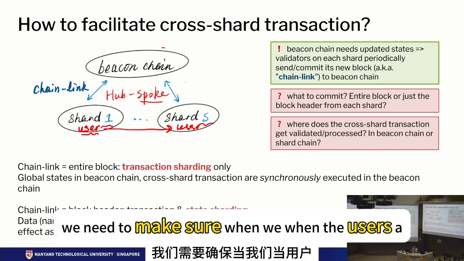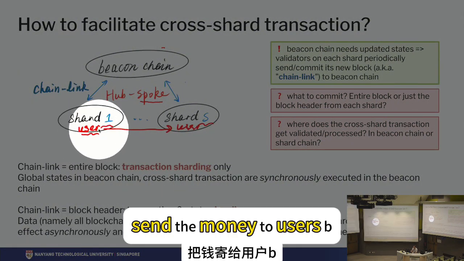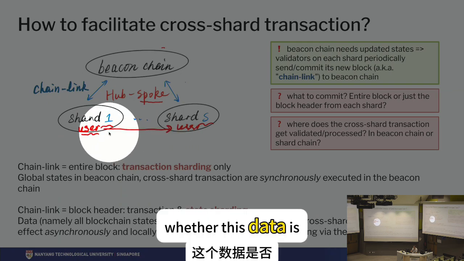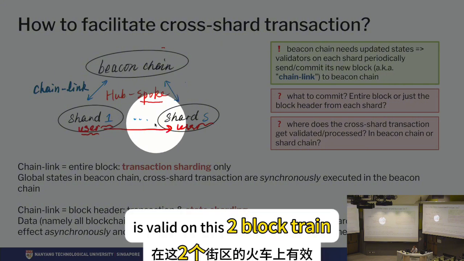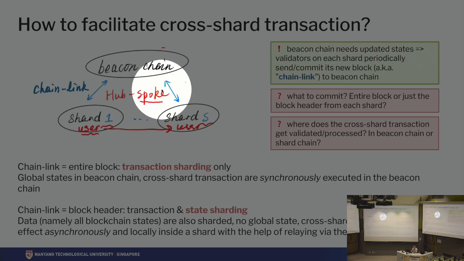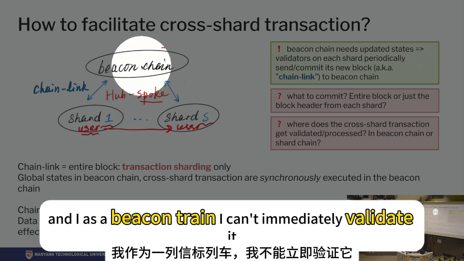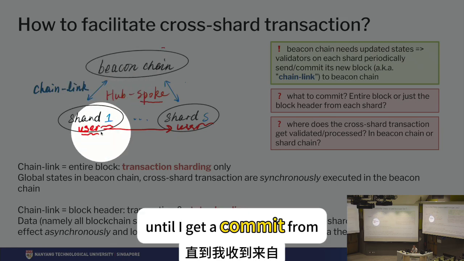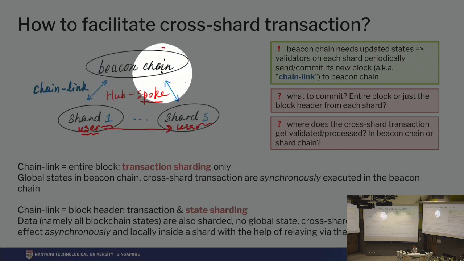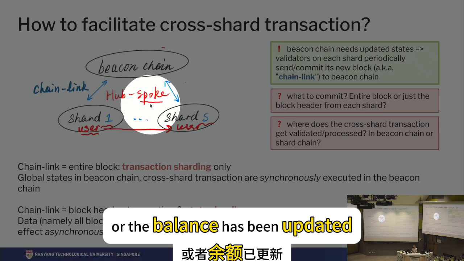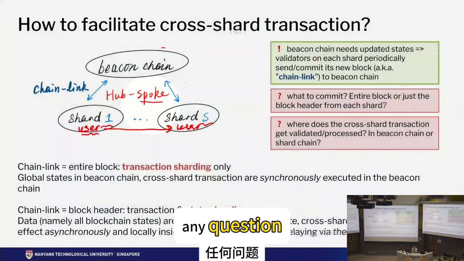We need to make sure that when user A sends money to user B, I validate whether this data is valid on these two blockchains through the beacon chain. And as a beacon chain, I can't immediately validate that the current transaction is valid until I get a commit from both parties that the data or the balance has been updated. Any questions?